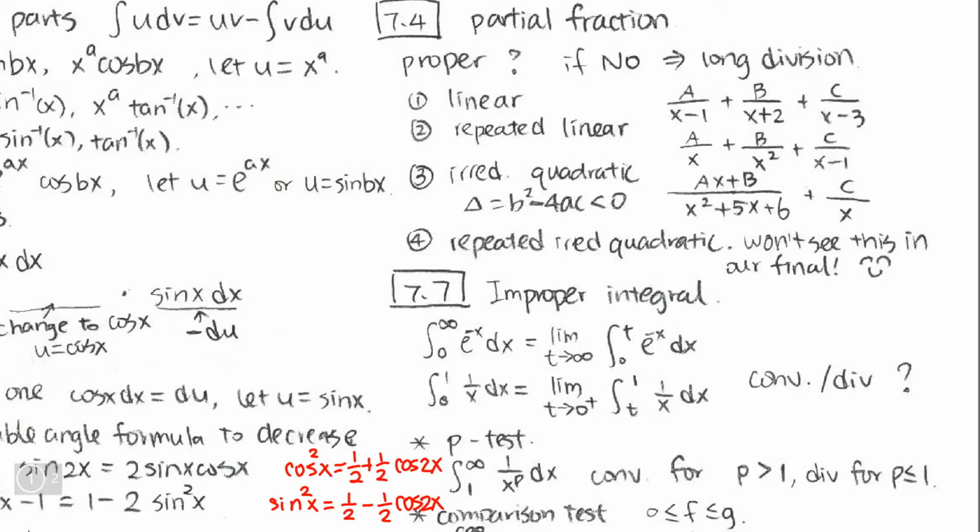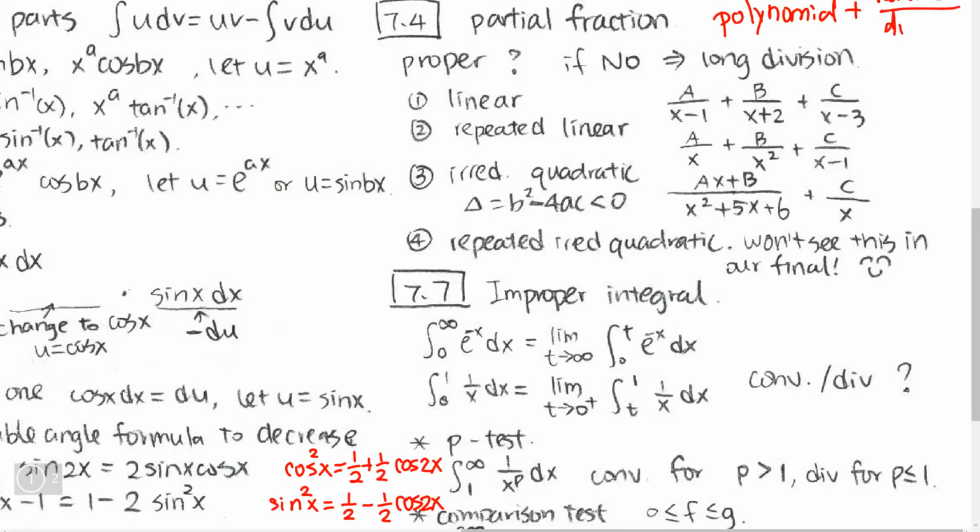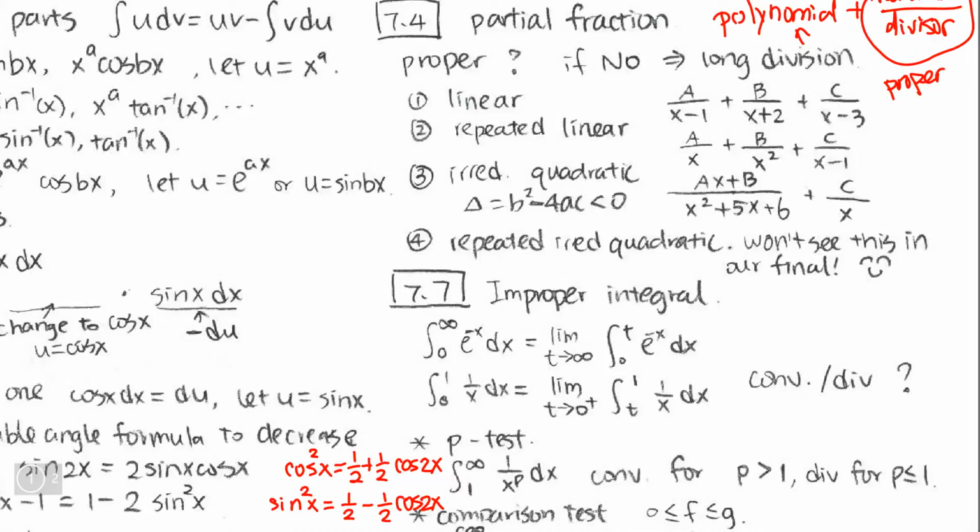If it's not proper, you use long division so that you get a polynomial plus the remainder over the divisor. The polynomial you can integrate, right? The remainder over divisor is actually a proper fraction, and then you can go to step 2.